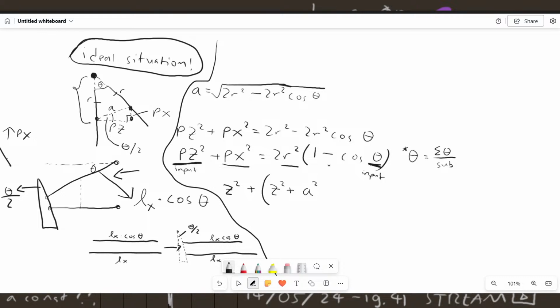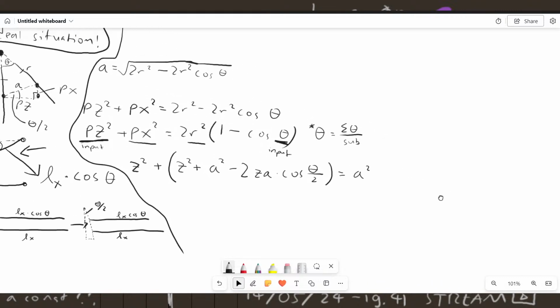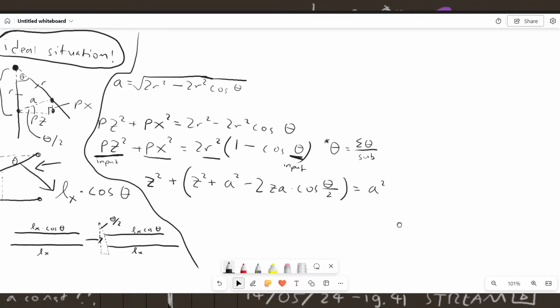Wait, what? Hold on. I'm really confused. Minus 2za and then a cosine of theta over 2 equals a squared, which is, yeah, those things. Wait, let's confirm this.